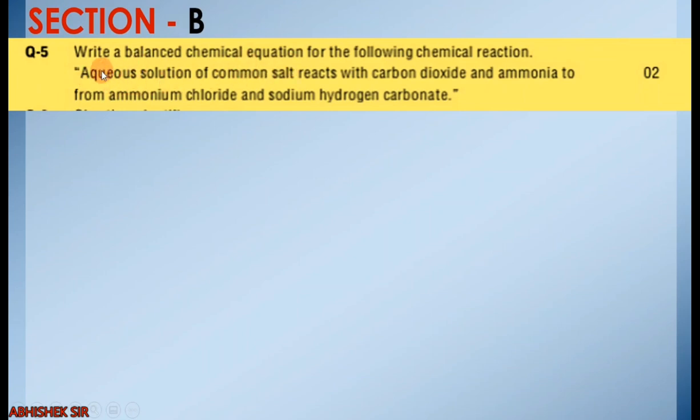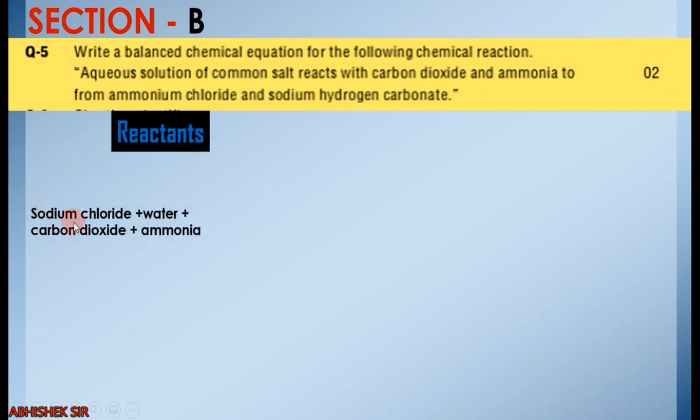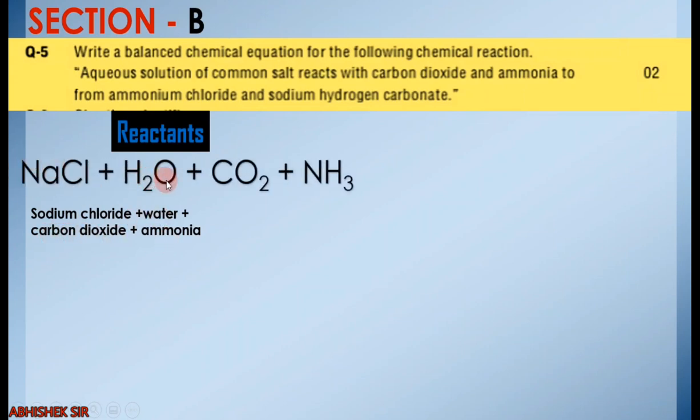You have to understand how we are making the aqueous solution. That means NaCl, that is common salt, plus water. So whenever you write equation in the reactant side, please write it separately: sodium chloride plus water plus carbon dioxide plus ammonia. So here we have NaCl plus H2O plus CO2 plus NH3.